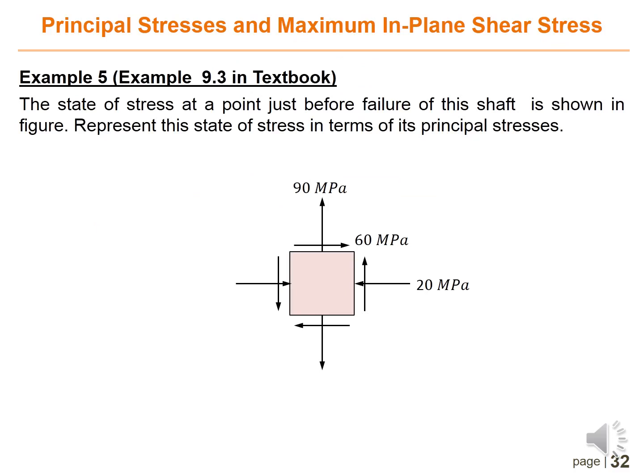Okay, so let's look at this example number 5, which is obtained from example 9.3 in the textbook. The state of stress at a point just before failure of this shaft is shown in the figure. Represent this state of stress in terms of its principal stress.